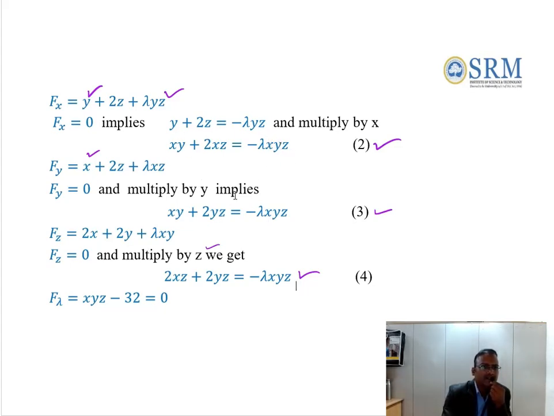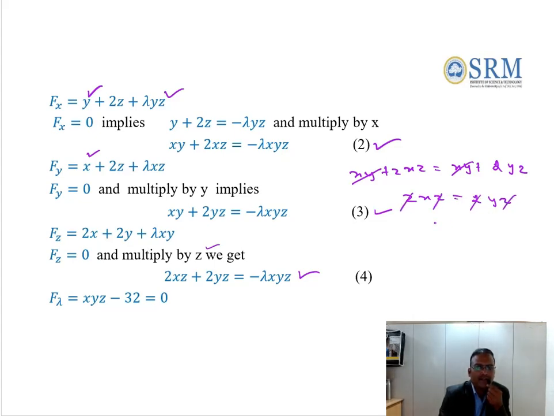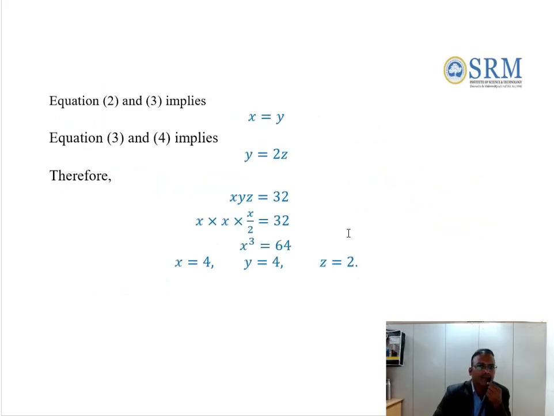We have xy plus 2xz equal to xy plus 2yz. We can cancel the xy term, and then we have 2xz equal to 2yz. We can cancel the 2 and z, so that we have x equal to y. That's why we have written here x equal to y.